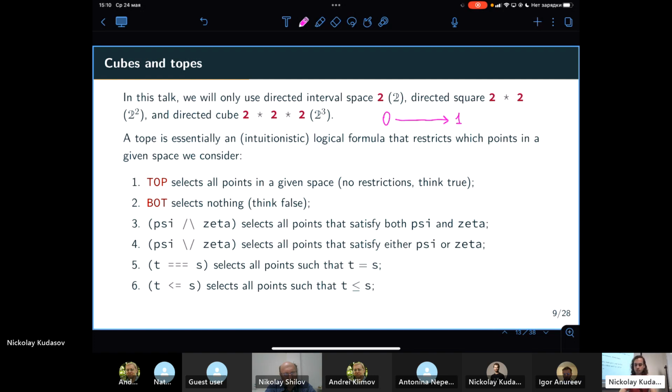And then, of course, the 2-dimensional square would start with 0, 0. For example, you can have 0, 1, 1, 1. You can have 1, 0, and you can go here, here, here. And interestingly, you can go in this direction because you can increase both components, but you cannot go here or here.